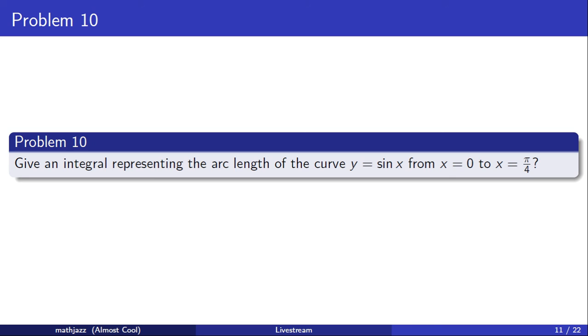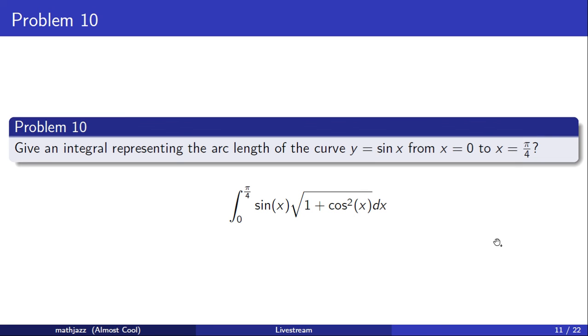Problem 10. We want to give an integral representing the arc length of this curve on this interval. So that's not too bad. We use the arc length formula. It's going to be the integral from 0 to pi over 4 of our function, which is sine x, times the square root of, wait, this is wrong.